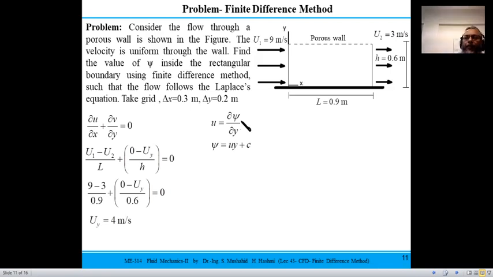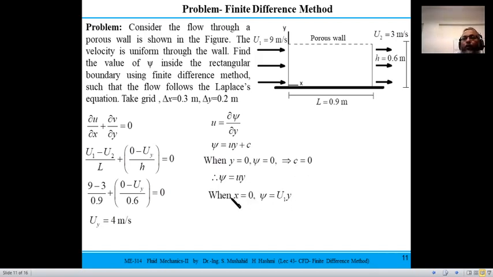If we integrate that expression, psi would be uy plus c, and here I am assuming that when y is 0, at the no-slip boundary condition, the stream function is 0. So once it is 0 when y is 0, then c comes out to be 0. So my stream function changes as I move in the y direction, times the component of the velocity in the x direction. So u times y would be my stream function.